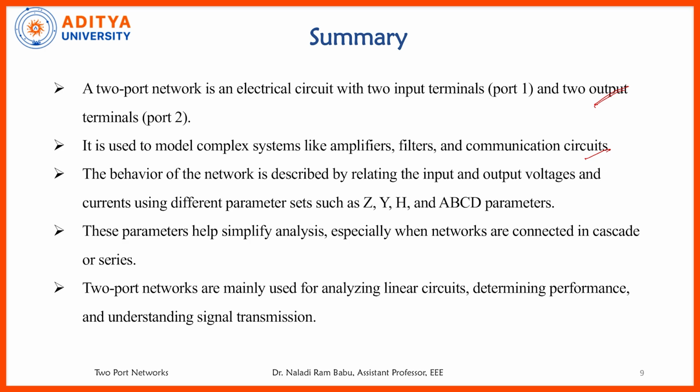And also the various parameters: impedance parameters Z, admittance parameters Y, transmission line parameters ABCD, inverse transmission line parameters, hybrid parameters and inverse hybrid parameters. All 6 kinds of parameters and their respective equations we have discussed. These networks can be connected in cascade, either in series-parallel or parallel-series, which we will discuss further.